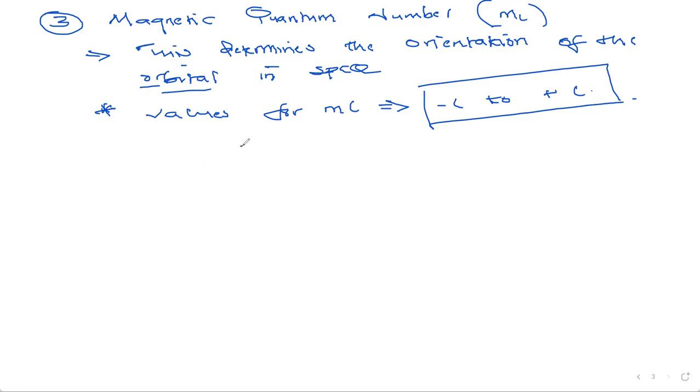What do you mean when you say the quantum number ranges from negative L all the way to positive L?